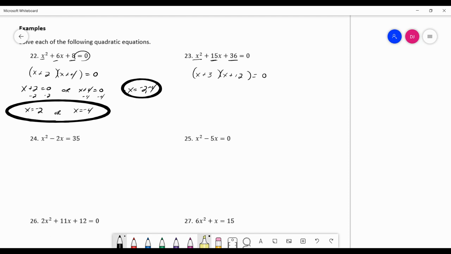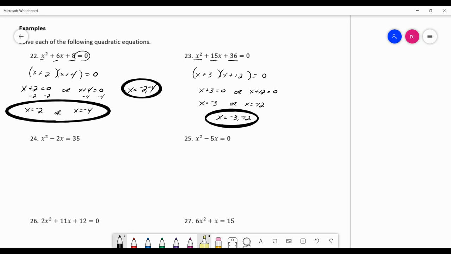So if x plus 3 times x plus 12 equals 0, then either the x plus 3 has to equal 0 or the x plus 12 has to equal 0. So x is either going to equal negative 3 or x is going to equal negative 12. I prefer to write this as x is negative 3 or negative 12. The comma does mean or.